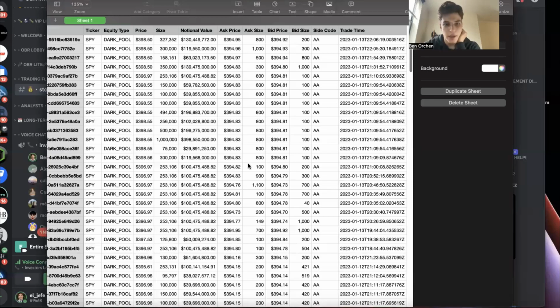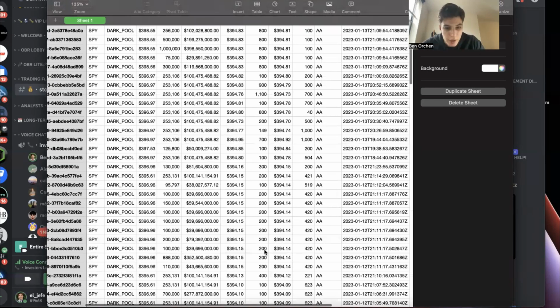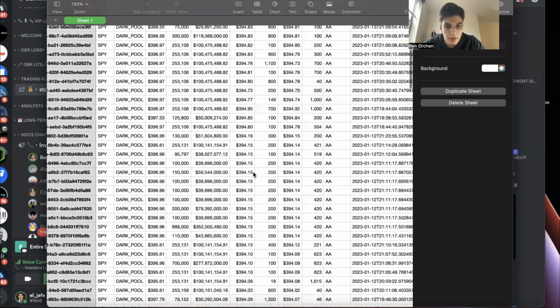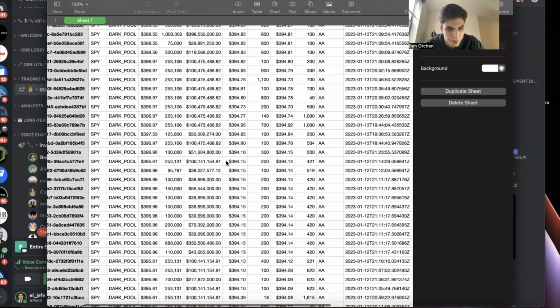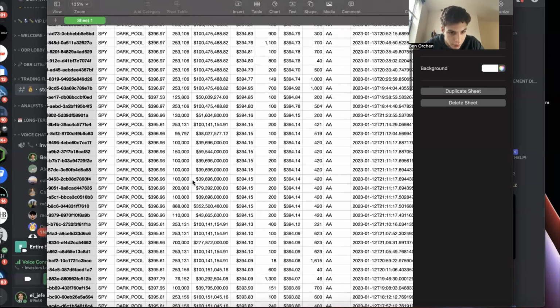So as we can see right here, let's see what significant levels we got. Seems like 394.10, 394.15. That was probably deemed significant. Let's see how much notional value was traded. 352 million at 396.